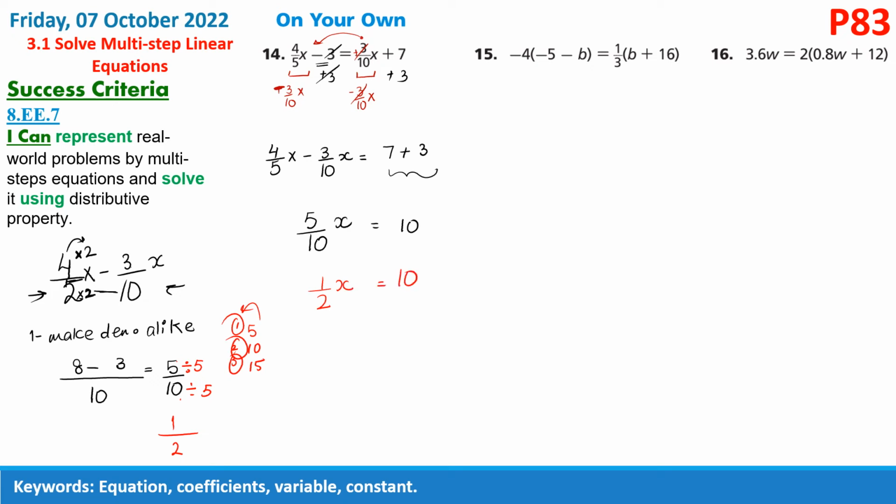Now see, I don't like this 1 over 2 here, right? Because I want to find out only the x value. So what I will do, I take the reciprocal. Reciprocal means flip this thing. So 2 up, 1 down. Why did I do this?